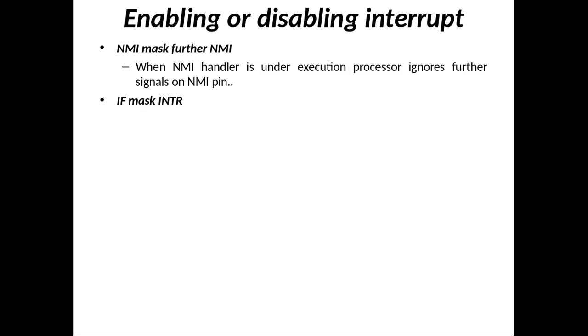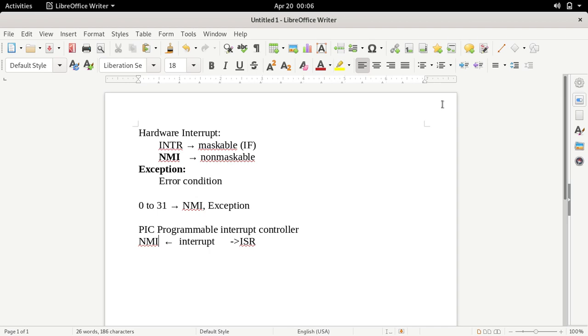Then the next case is IF masks INTR. Please try to understand. IF stands for interrupt flag, and it is present in the flag register. What is the role of this IF flag? If the interrupt flag is equal to 1, then only the 80386 can recognize the interrupts coming on the INTR pin.